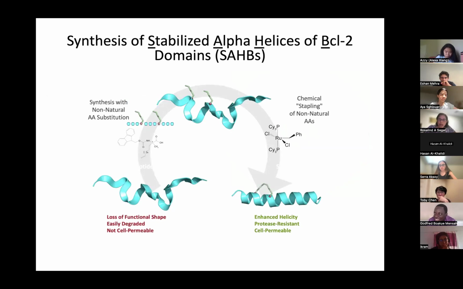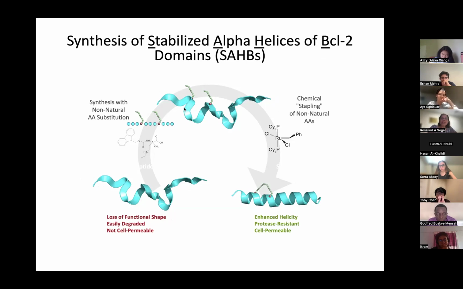So I worked with my friend and colleague, Lauren Walensky. One of the things that he does is he generates what are called SAHBs, or stabilized alpha helices of BCL2 domains. So basically, he takes the peptide sequence of these domains, and in the middle of it, he introduces these two unnatural amino acids. So he's synthesized this polypeptide chain, just chemically, with these two unnatural amino acids.